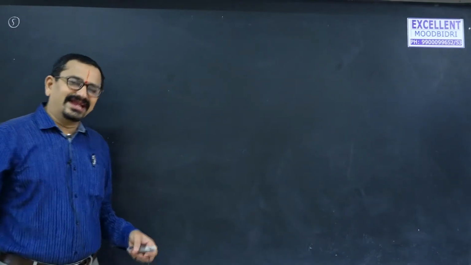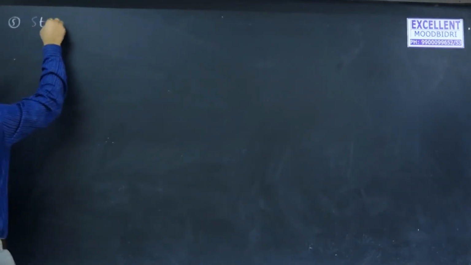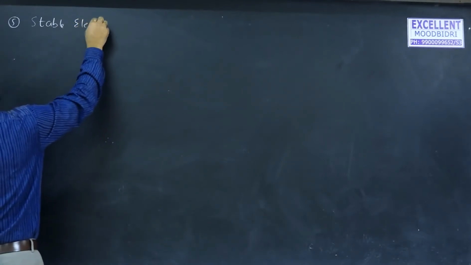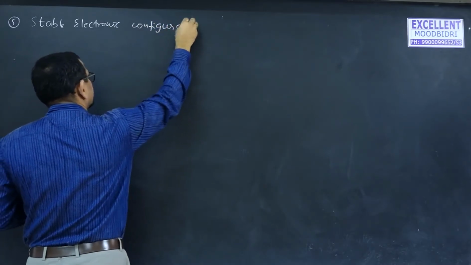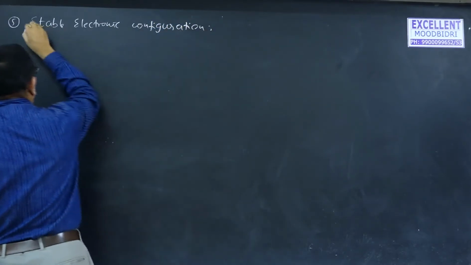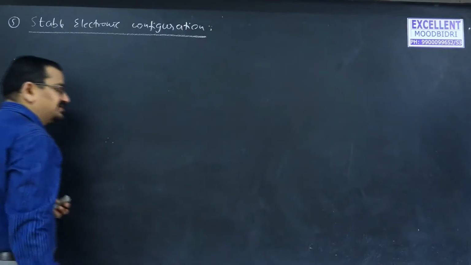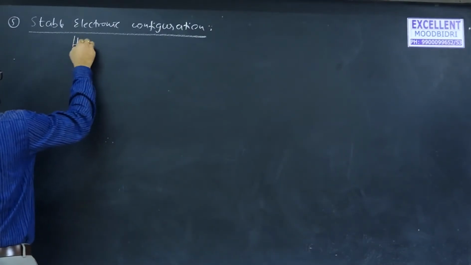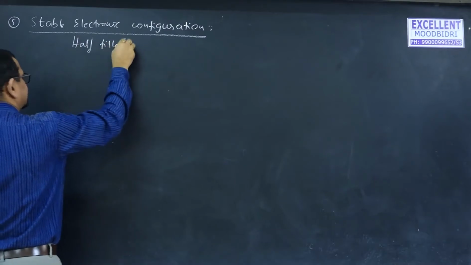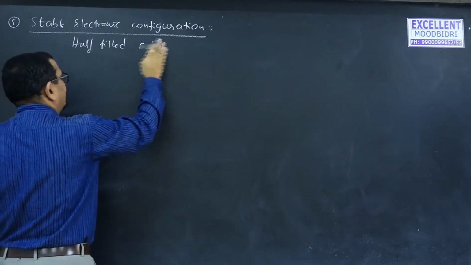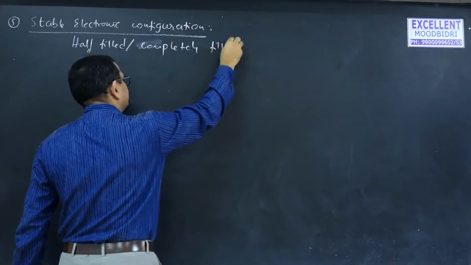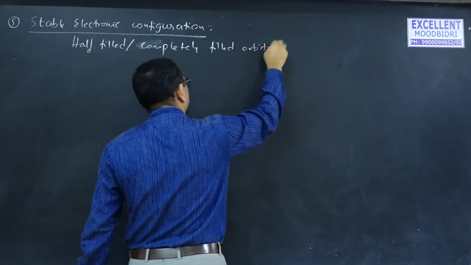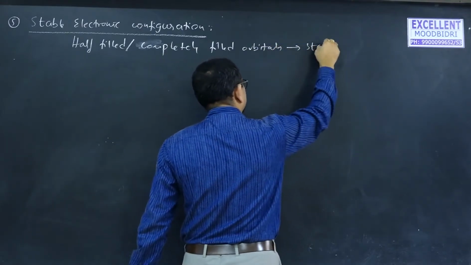The next factor that influences ionization potential is stable electronic configuration. We know that half filled or completely filled orbitals give stability to the atom.